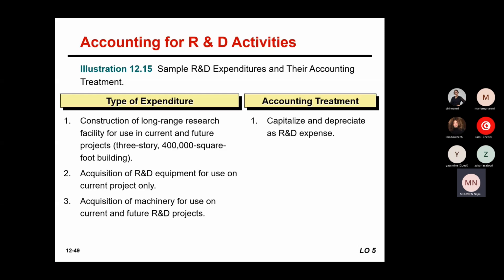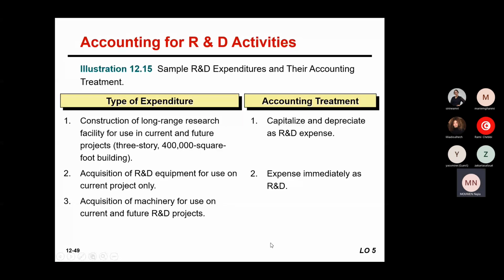But if we purchase intangibles, other assets, facilities and so on, and they are meant to be used in future projects, then it should be capitalized. So, the acquisition of R&D equipment for use on the current project only: that's only the current project, so it should be immediately expensed as R&D expense.